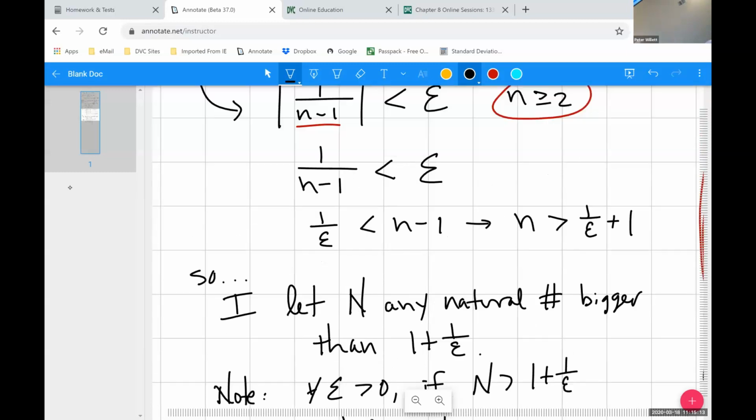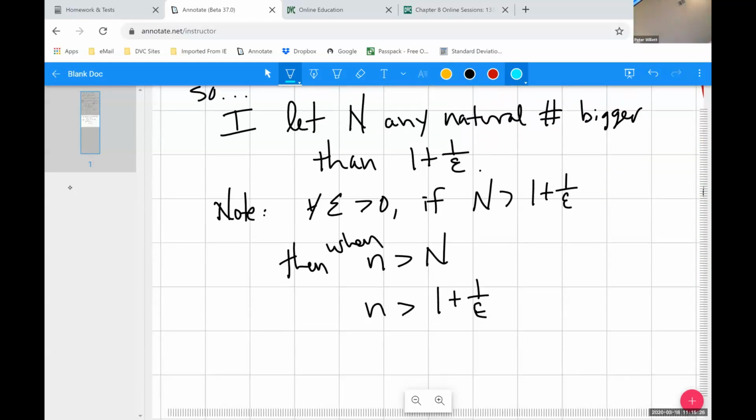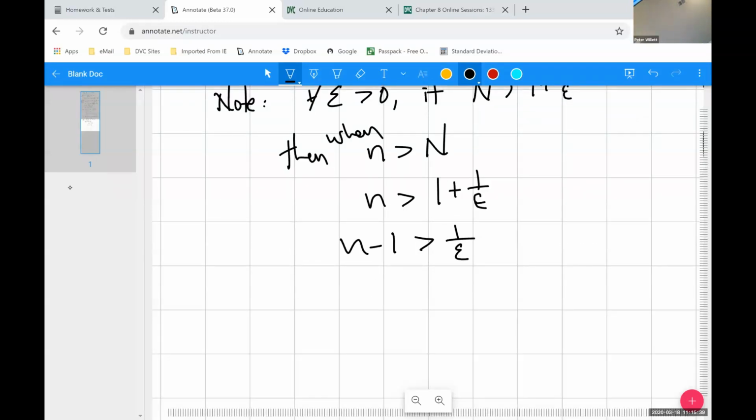And then you just follow the work that we did up here backwards. So I'm starting now with the fact that this is true, and I follow this line of logic back up that way. So that means that n minus 1 will be greater than 1 over epsilon, which means that epsilon will be bigger than 1 over n minus 1.